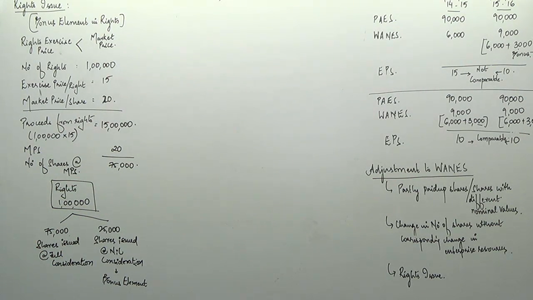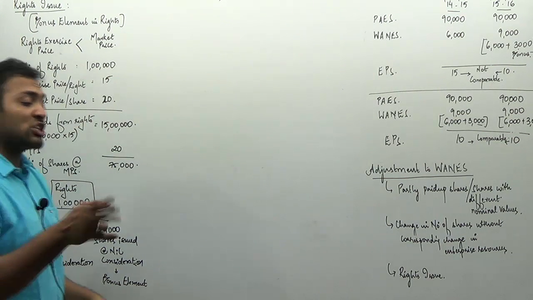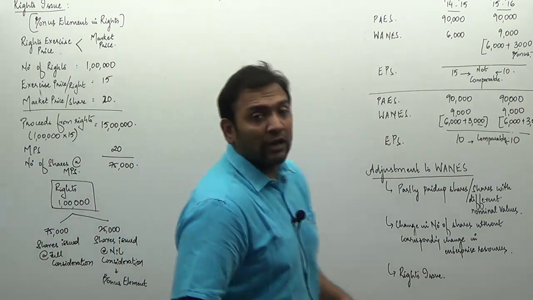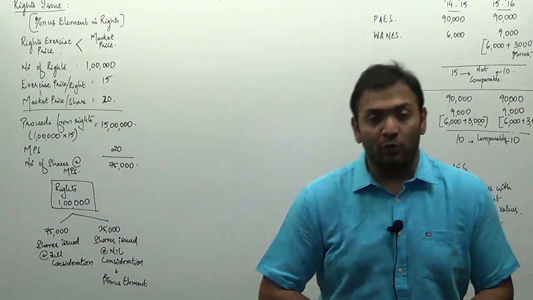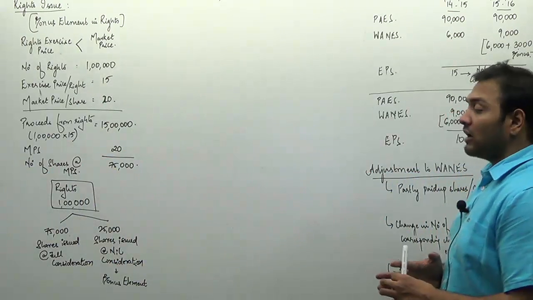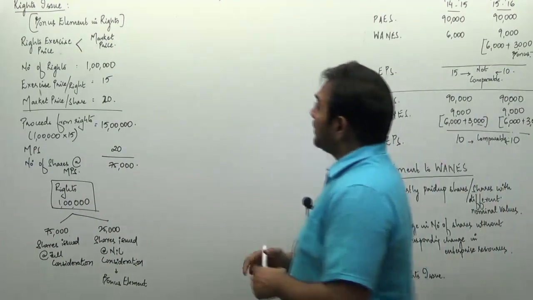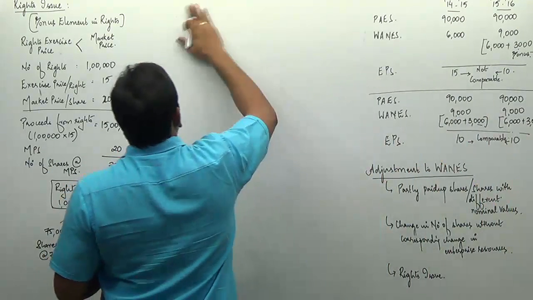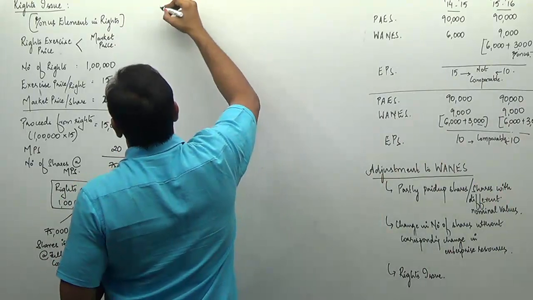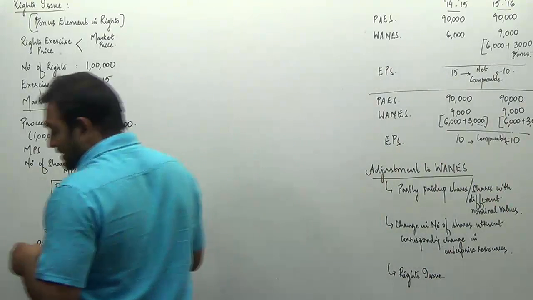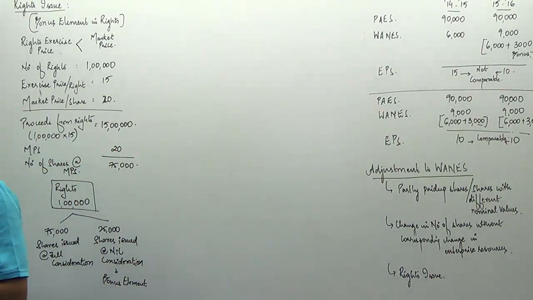That is what we talk about as the bonus element. And whenever we have a bonus, as we have just seen in the adjustment, we will assume that such shares have been issued at the beginning of the earliest period reported. But we don't solve the problem by this method. This is only for your understanding that I have given it.